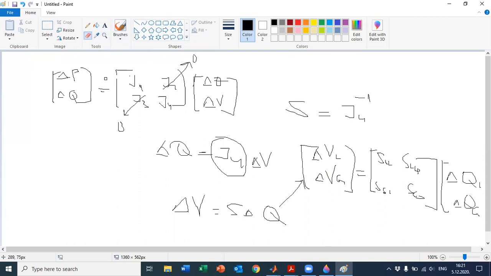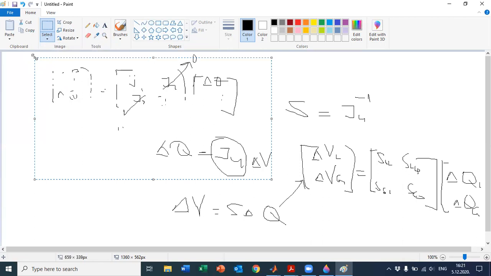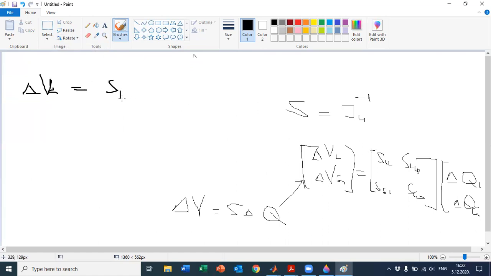If we take a look at the first equation here, we can say that the voltage deviations delta VL in the load nodes can be expressed as SLL times delta QL plus SLG times delta QG.